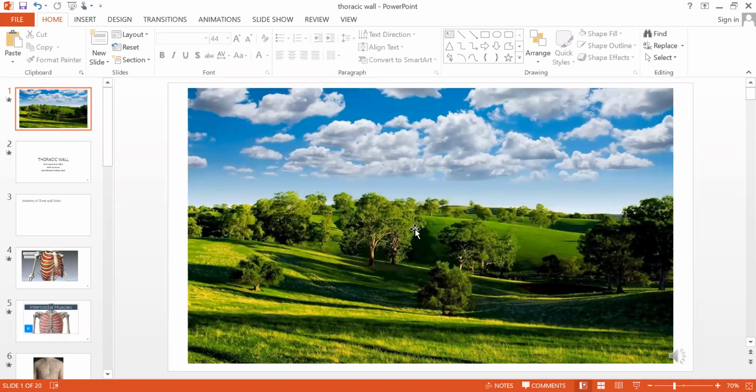This is superficial fascia, which has two different names. One is called fascia Scarpa, which lies in the front and mid-axillary line. And the other one is most likely the fatty layer, a part of the superficial fascia called fascia Camper.